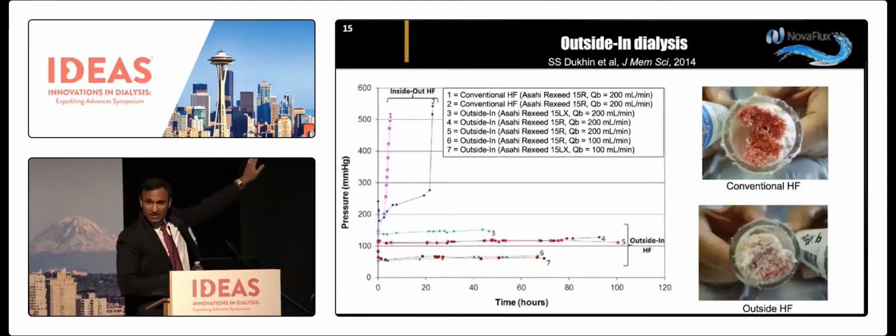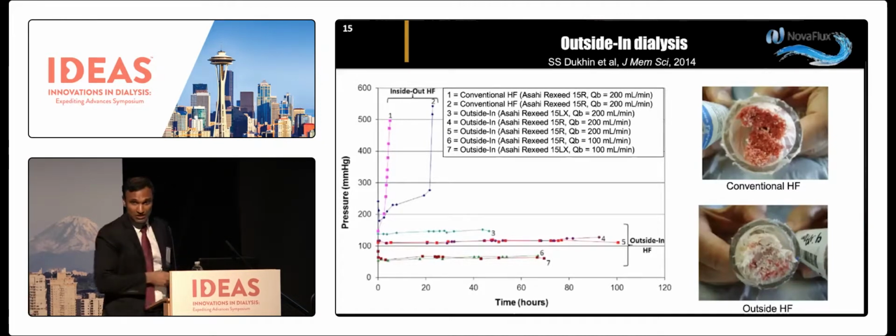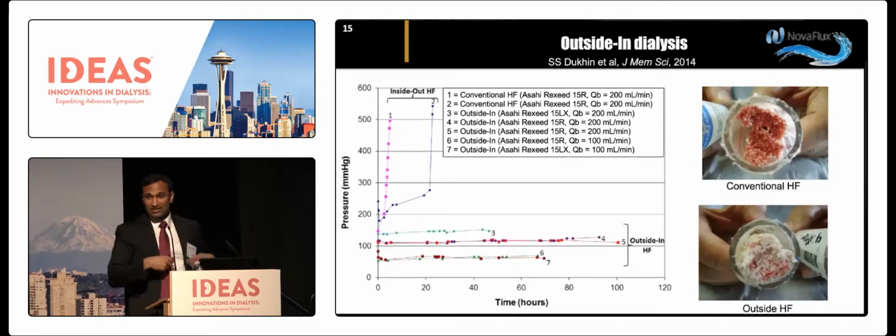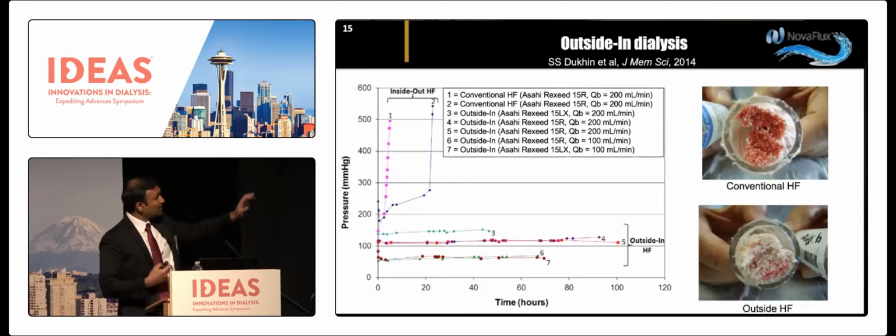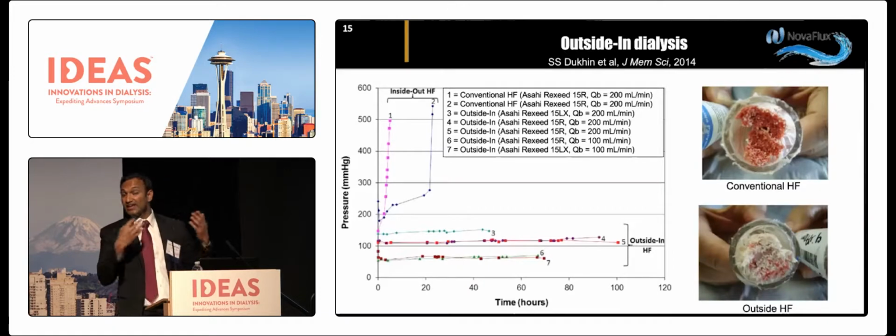This is just some results that were shown in a paper in the Journal of Membrane Science in 2014. Basically, what Dukin and colleagues did is they performed dialysis measurements for many different types of dialyzers under different flow configurations. They looked at, for example, the pressure versus time using conventional hemofiltration as well as this outside-in technology.